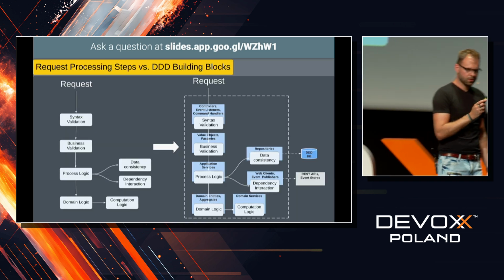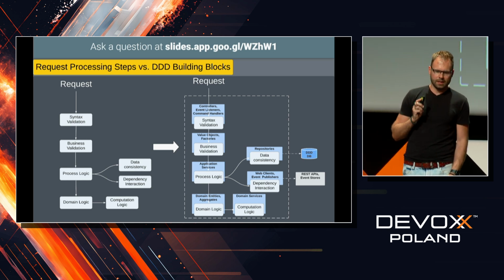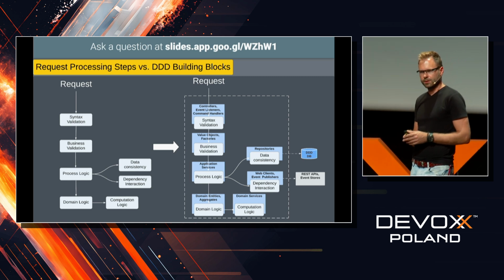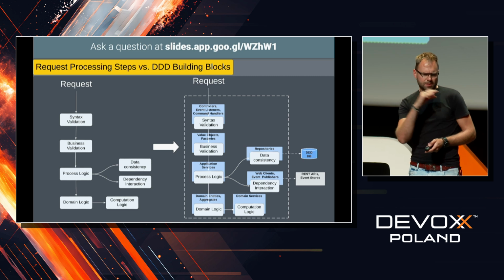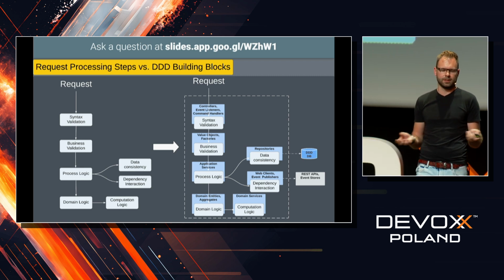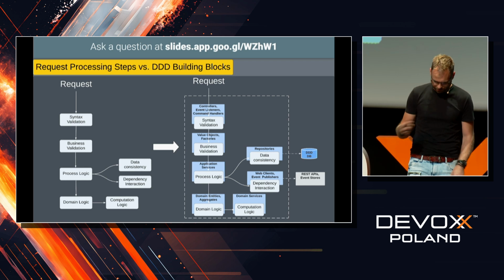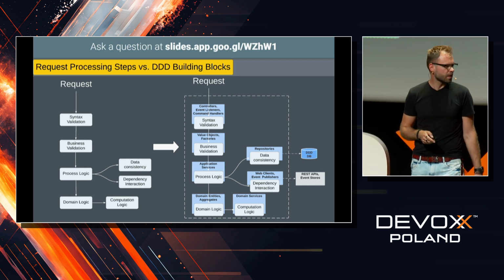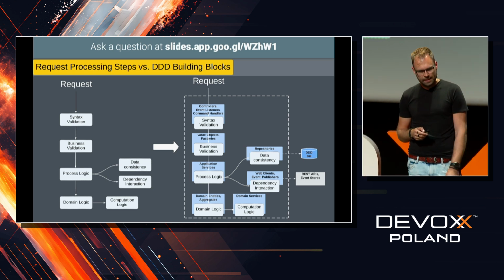Yeah, 1 to 1. So each building block is responsible for a subset of things that we are doing on a request processing, which means that each building block has clear responsibility. Might be quite obvious, but I need it for the next slides, for the next things that I'm gonna introduce.